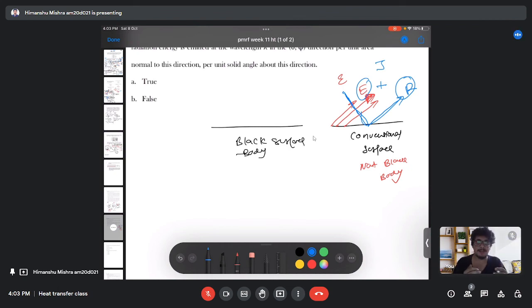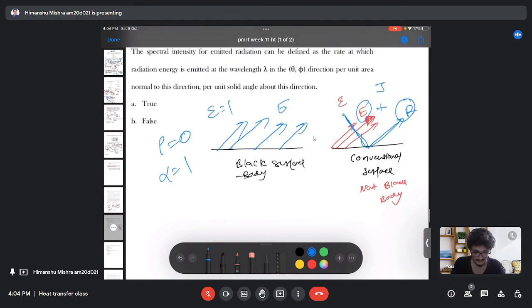But in the black body, we already discussed in the last question that it is a perfect emitter and perfect absorber. That means in a black body, no reflection can happen. So it can emit all the radiation. My emissivity is 1, my reflectivity factor is 0, and my tendency of absorbing radiation is also 1.